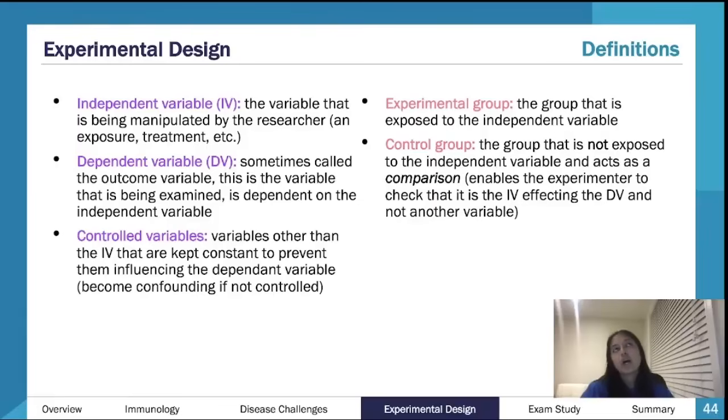So if you are observing light intensity and its effect on photosynthesis, your experimental groups will be, I don't know, dim light, average light, bright light. Your control group will be something in the dark. It's something that is not exposed to the independent variable, and it acts as a baseline comparison, and it also makes sure that you don't have any confounding variables.